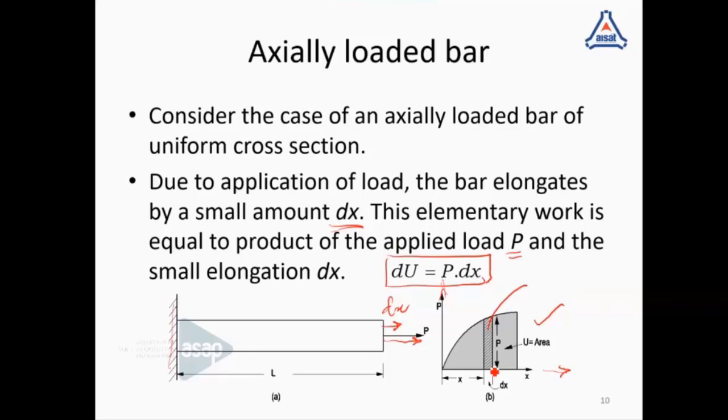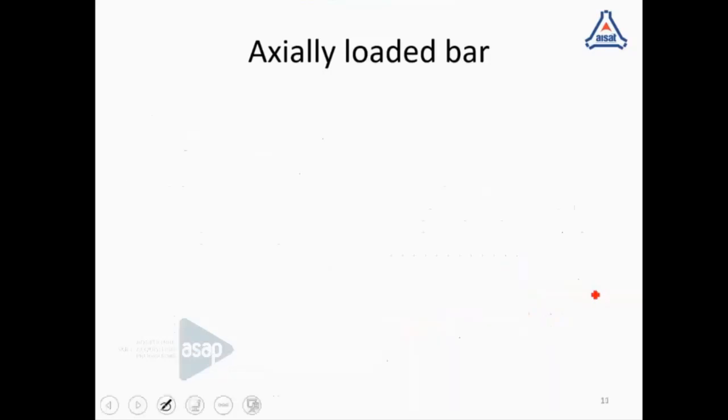And the total energy involved in this case can be the total area under this curve. Starting from when the load is applied, it initially starts from 0 and reaches the maximum value of P. And during this time, the deformation occurs. So continuously it is varying. So this can be obtained as an integral of P dx.